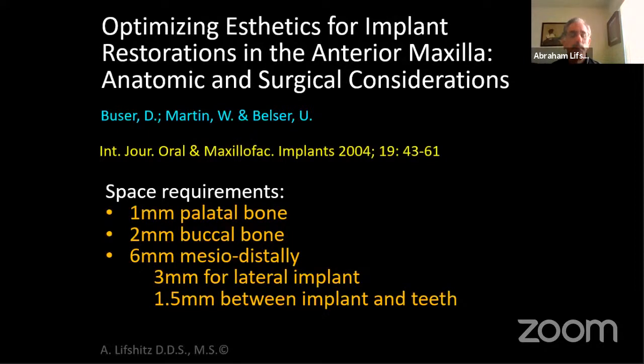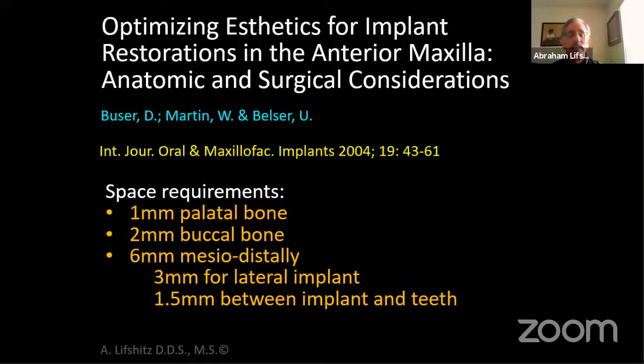Why 2 millimeters of buccal bone? Very important, because if we don't have those 2 millimeters, the color of the gingiva on the implant is going to change from pink into bluish. It looks really, really bad.